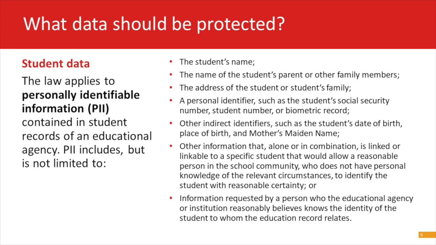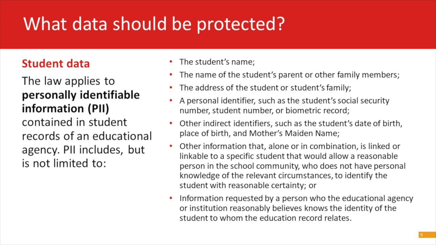Mike, you know what a biometric record is? Like a fingerprint, something like that. Fingerprint, an eye scan, like a retina scan, your face. So what we're talking about is how we have all these kids coming in through the front door with cameras, right? We need to make sure that our cameras are protected because that would be considered PII.